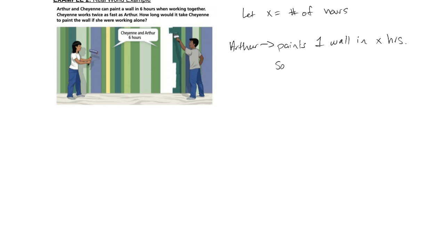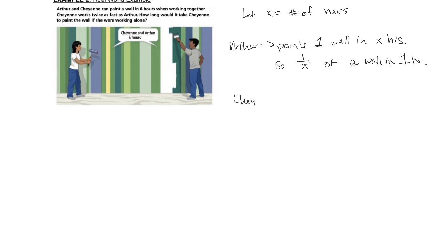So 1 over x of a wall in 1 hour. If he paints one wall in x amount of hours, for each hour, it's 1 over x.